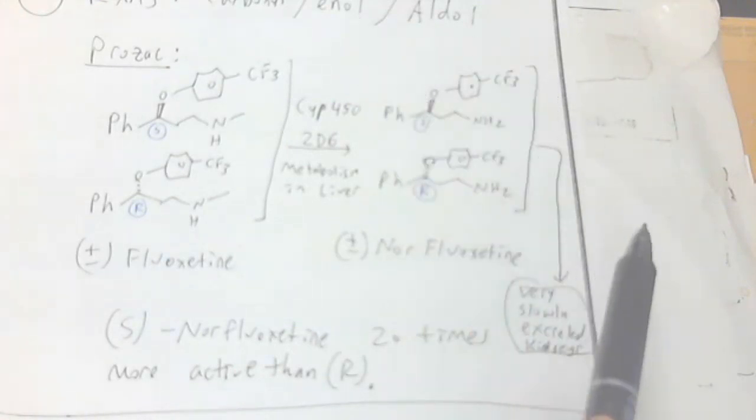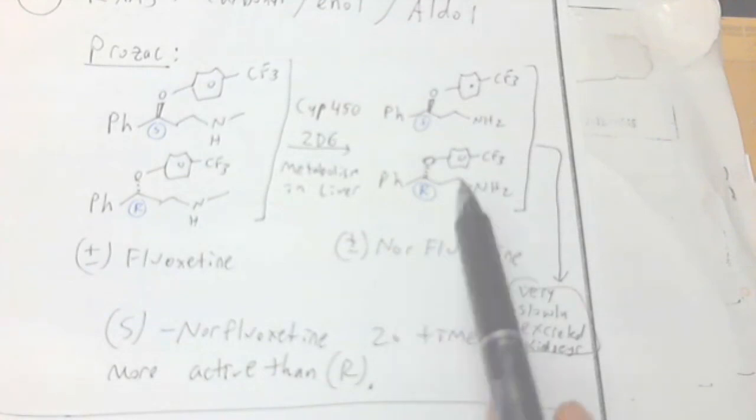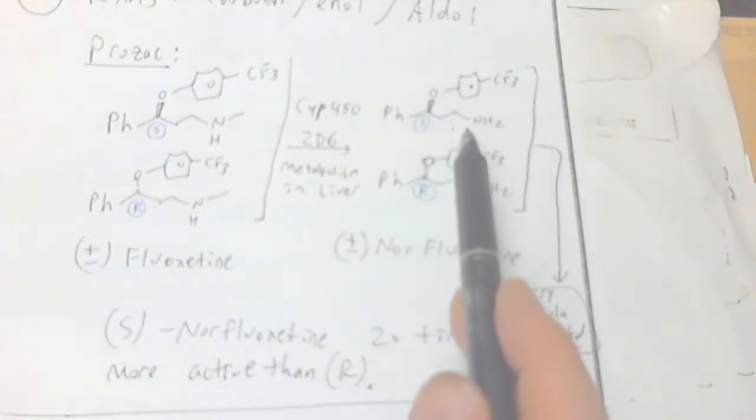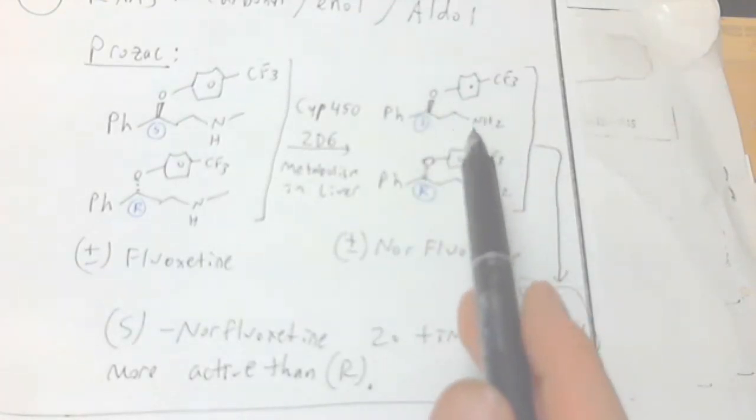So, yeah, I don't know. Drug companies are a little mysterious. There must have been some kind of strategic discussion, and there may be other side effects. Maybe the S-fluoxetine has some side effects that the R didn't. And in the end, they just went with a racemic mixture.